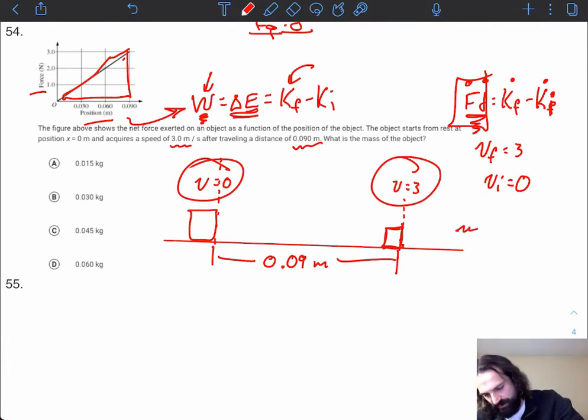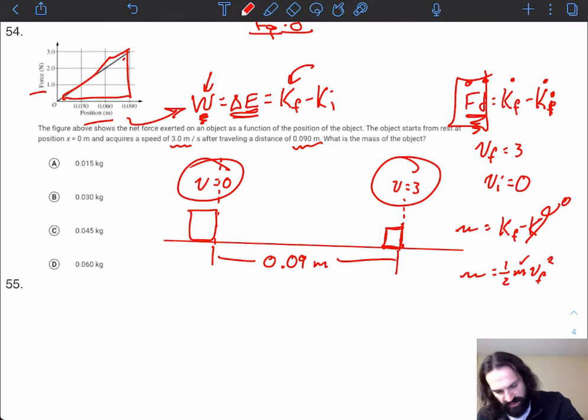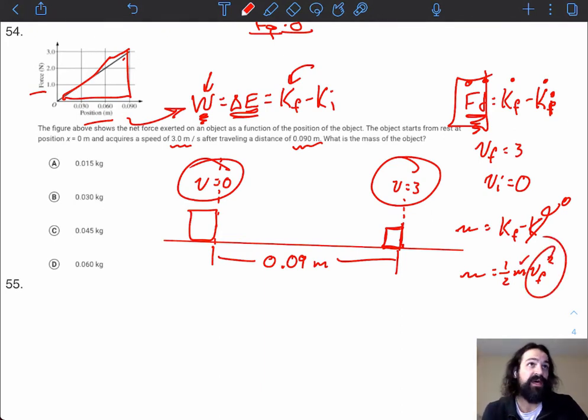So you set that equal to Kf minus Ki. You plug in your v's, and you find that the initial velocity was 0. So the work equals 1/2 mvf squared. You plug in, you do a little algebra, you solve for the mass, and that one should come out to be 0.03 kilograms if you did your math correctly.